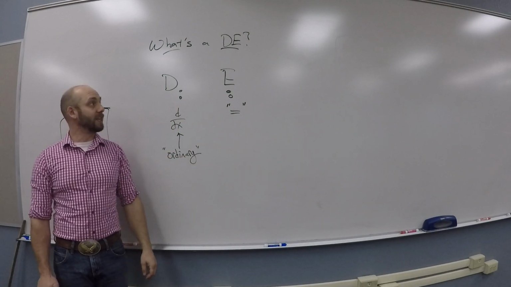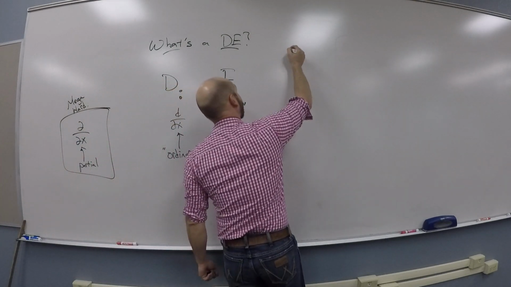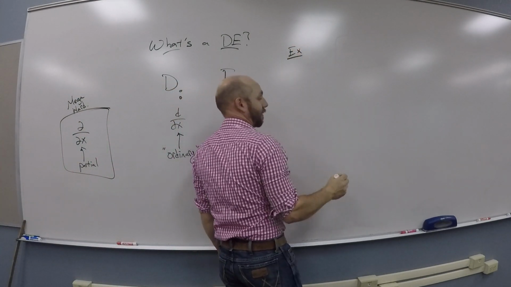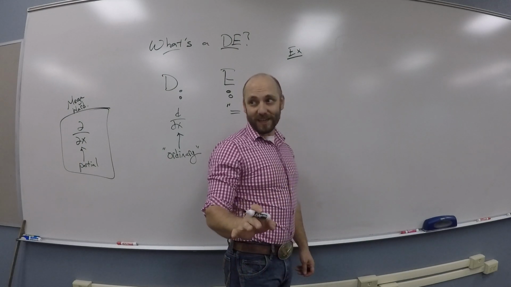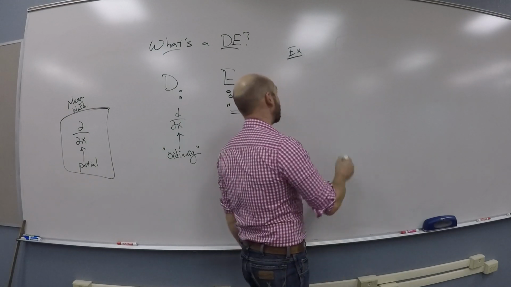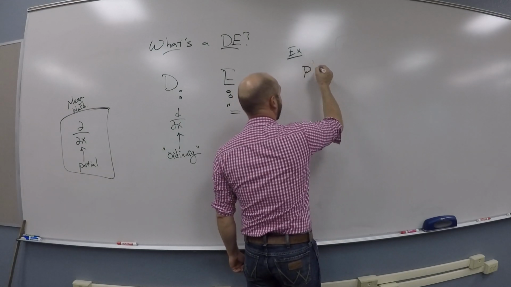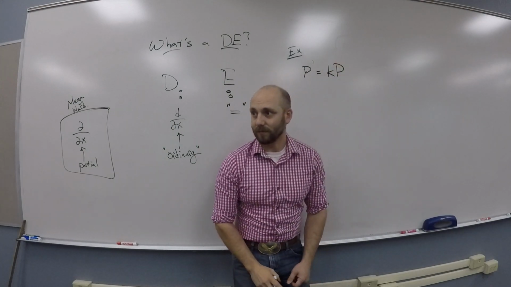And the first and easiest of those is something that happens all the time in life, which is the rate at which a population changes is proportional to the population.